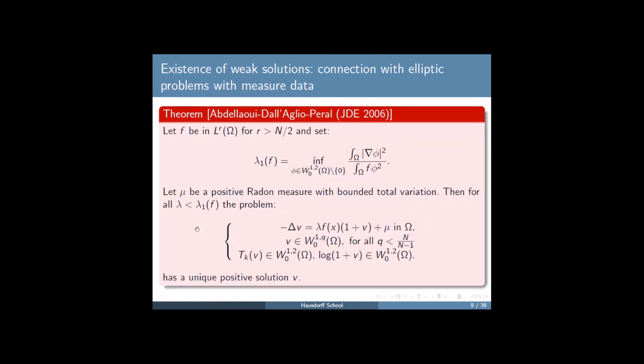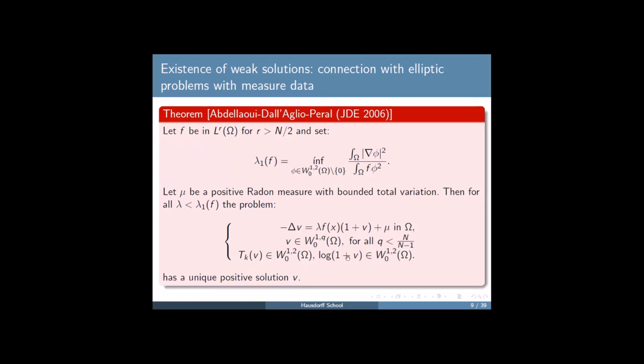Okay, this is in order to answer the question of what happens if you perform this change of variables. But more can be said. If you take f in the space L^r for r greater than n/2, and again you define lambda 1 in this way, and if you take any positive Radon measure with bounded total variation, then for this problem, which is the problem I showed you in the previous slide, you have that it has a unique positive solution for all lambda smaller than lambda 1.